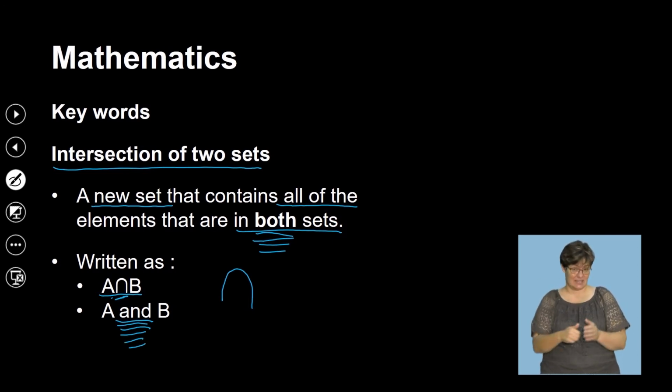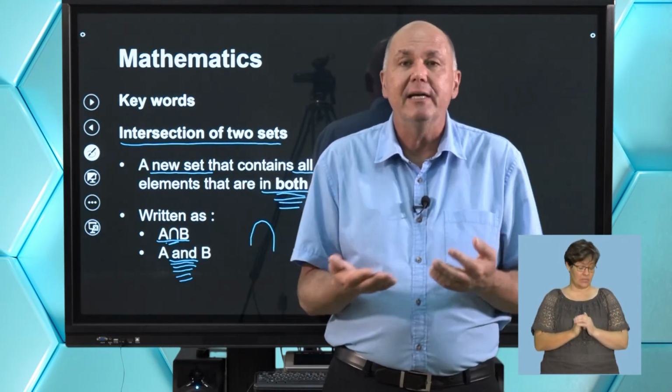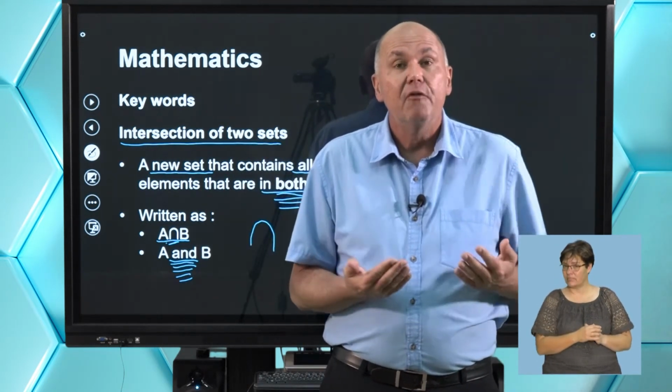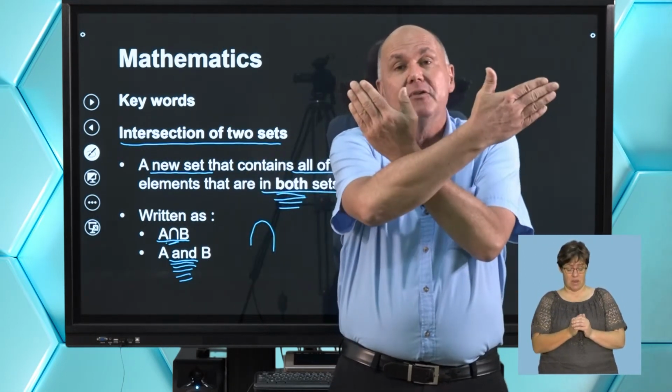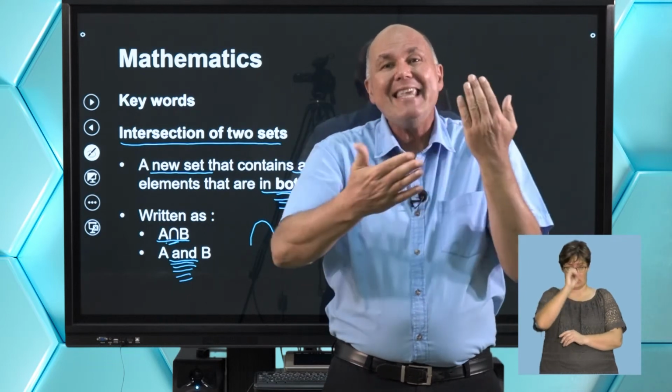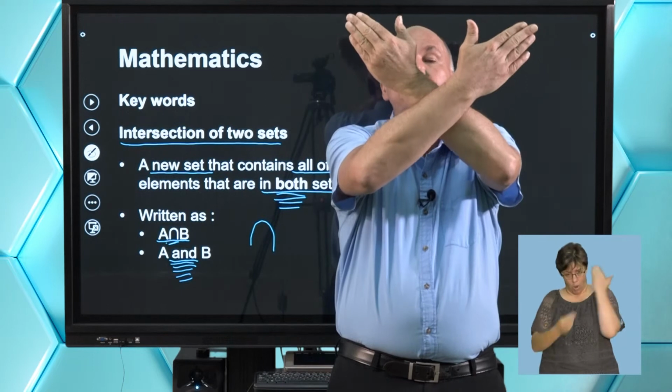Now, how can we remember this? Well, a friend of mine was telling me one of the ways that he remembers it: if you have two roads that are running at 90 degrees to each other, then the intersection is the part of the road that belongs to both of them.